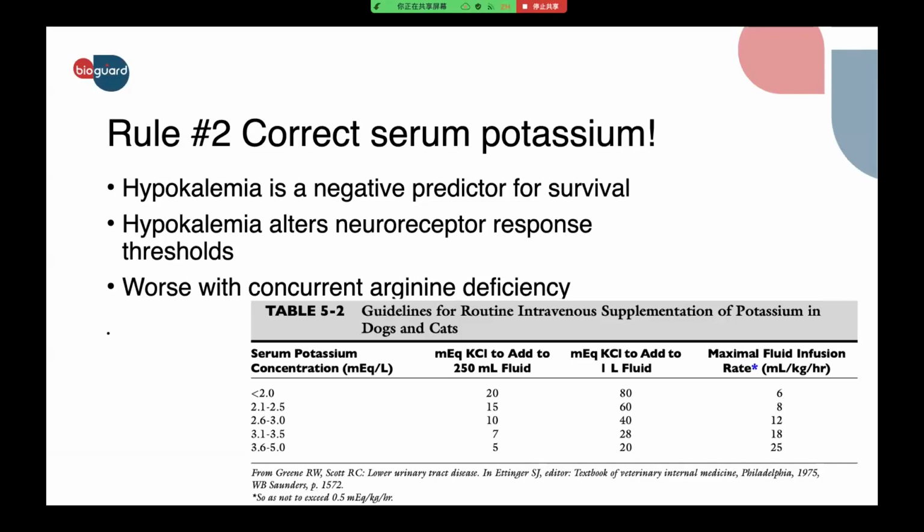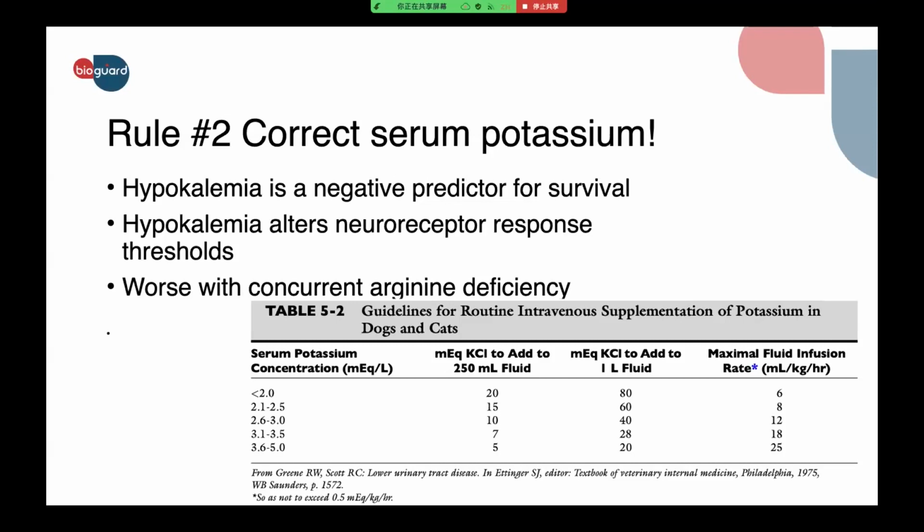And also, if the potassium level is low, it will alter the neuroreception response threshold, making the cat more lethargic, and the appetite will get worse, so the cat is not willing to eat the food.